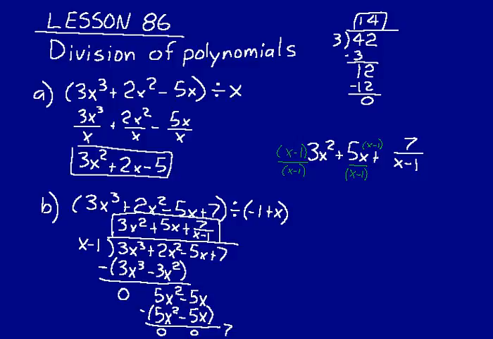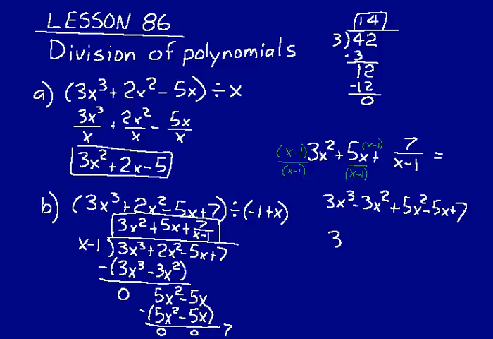So if we do this, we'll end up with 3x squared times x is 3x cubed minus 3x squared, and then plus 5x squared minus 5x plus 7. That's our numerator.